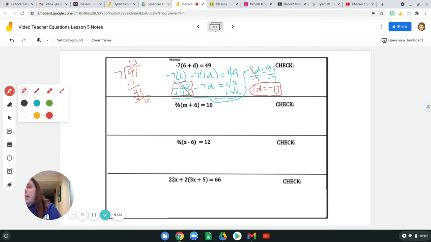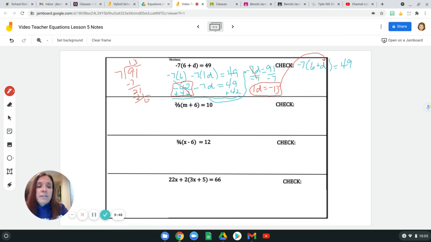But I'm going to check it. It's negative 7 times 6 plus d equals 49. Check is substitution. I think d is negative 13 to make the equation true. So I'm going to put negative 13 where d is.